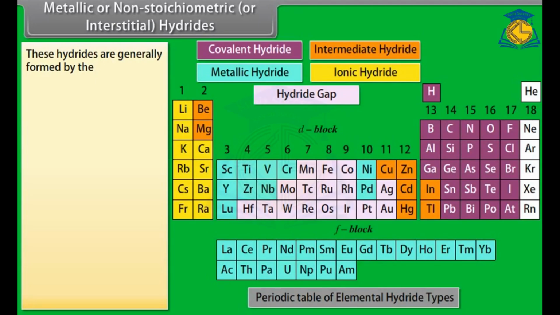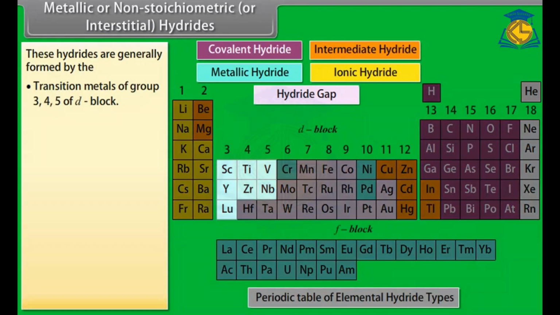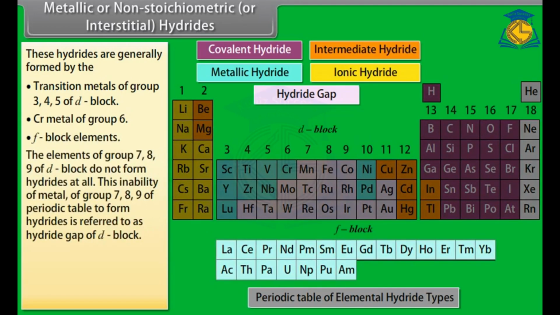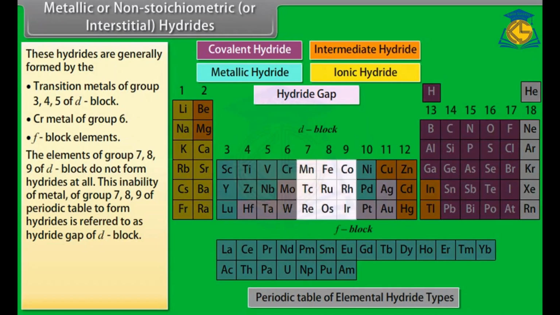Metallic or non-stoichiometric or interstitial hydrides. These hydrides are generally formed by the transition metals of group 3, 4, 5 of the d-block, Cr metal of group 6, and f-block elements. The elements of group 7, 8, 9 of the d-block do not form hydrides at all.